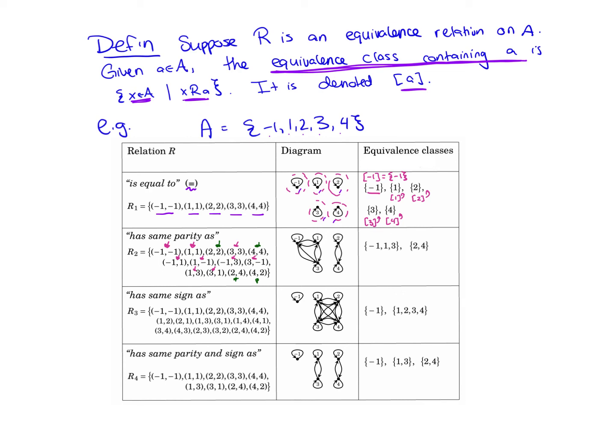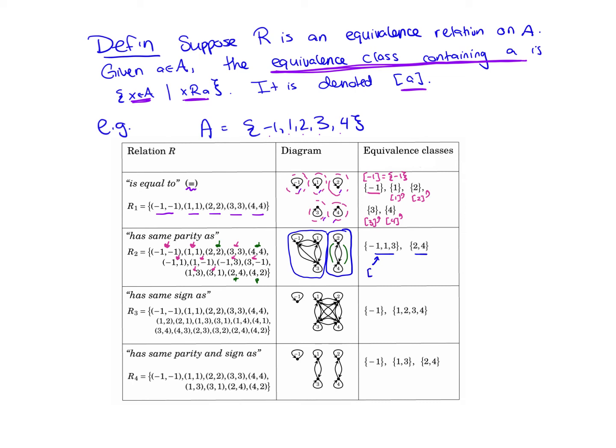So now everything has the same parity as itself, so I get all my little loops from reflexivity. And then if two things have the same parity, 2 has the same parity as 4, and 4 has the same parity as 2, so we get symmetry. And then we can see that we have transitivity as well. But now if I'm looking at my islands, I get these two different islands, and that gives me these two different equivalence classes.